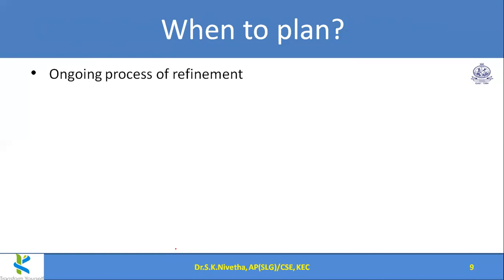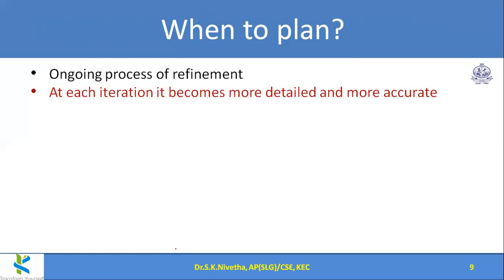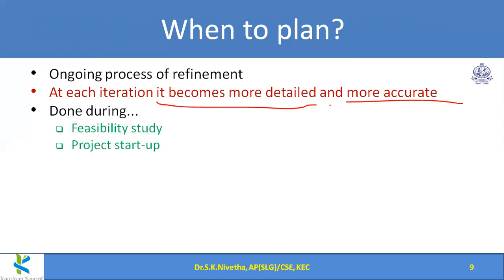So it is an ongoing process of refinement, and at each iteration it becomes more detailed and more accurate. Whenever we refine one more time, as per the completed schedule, we can cross verify, and we can get a more detailed and more accurate planning.